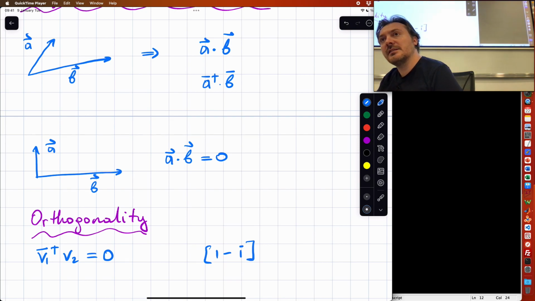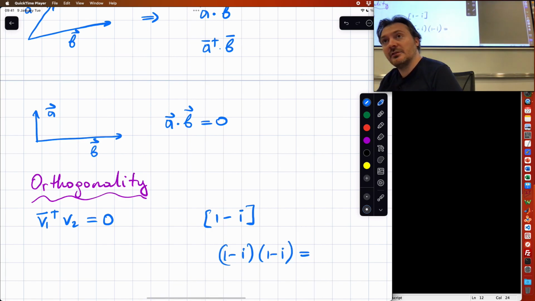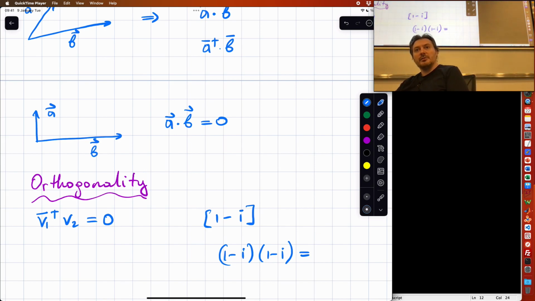And you want to find its magnitude, let's say. If you do 1 minus i times 1 minus i, then you actually don't get a real value. So you have to introduce this dagger instead of transpose when you start doing this. The reason is that the coefficients are complex valued. Thank you very much.